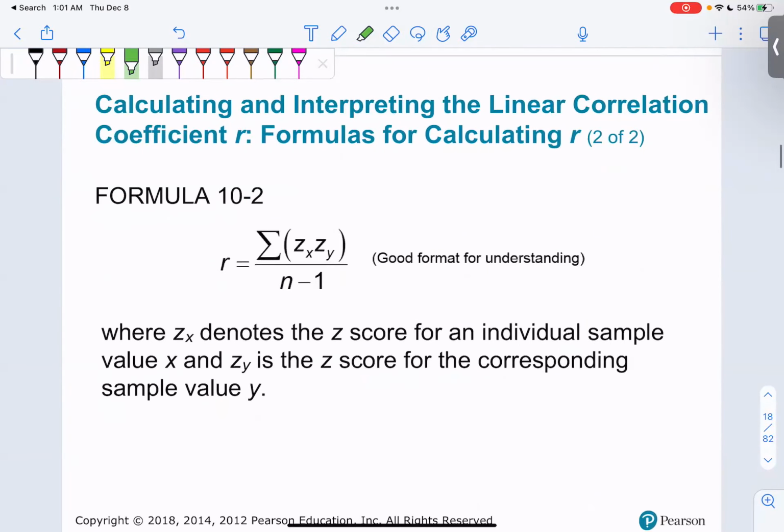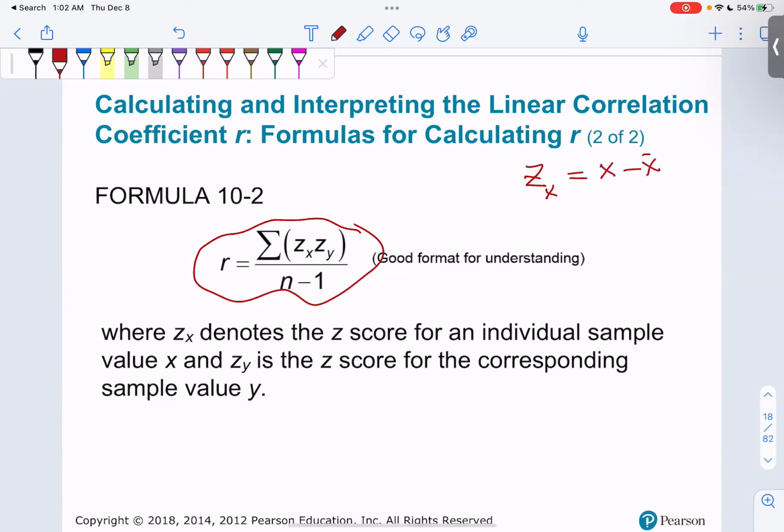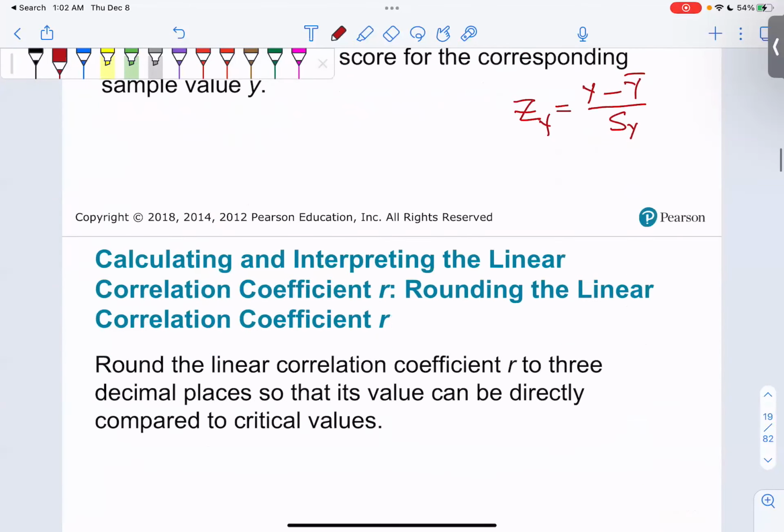So now if you also want, you can find this R using Z values, since remember, Z of X equals X minus X bar divided by sigma or S for X, and then Z of Y equals Y minus Y bar divided by S of Y. So you'll find Z X and Z Y for all the data set, take the summation, and divide by n minus one, okay?